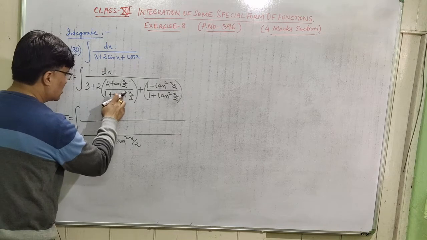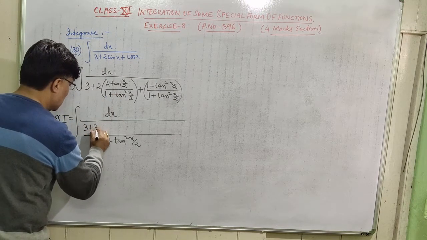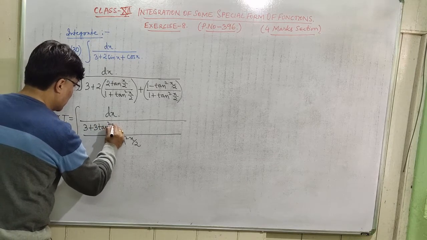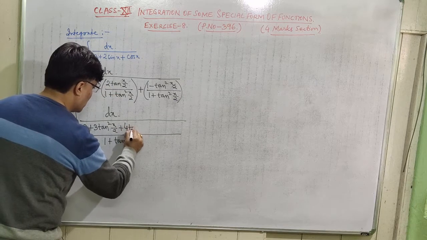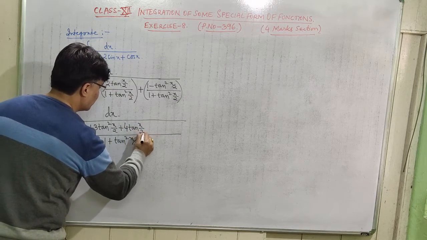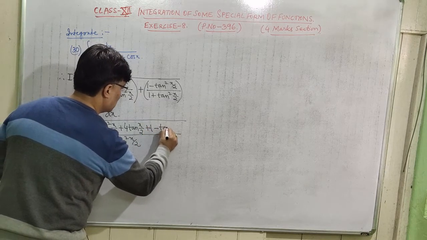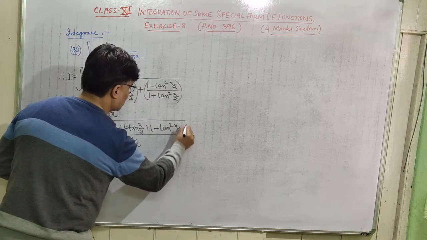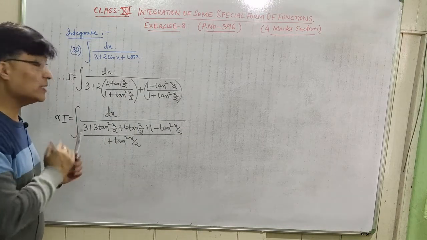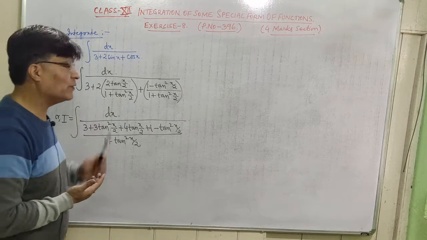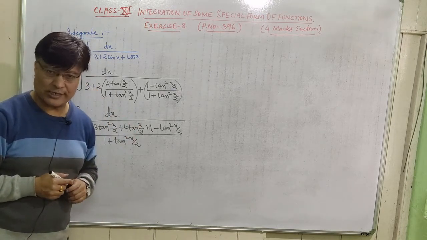So 1 plus tan square x by 2 should be multiplied by 3, so it is 3 ones are 3 plus 3 tan square x by 2 plus 2 2s are 4, it is tan x by 2 plus 1 minus tan square x by 2. Is it understood now? Just we are simplifying it after substituting the formula for sin x and cos x.